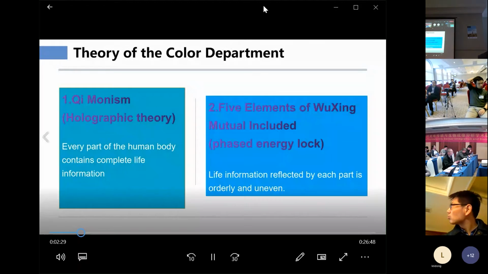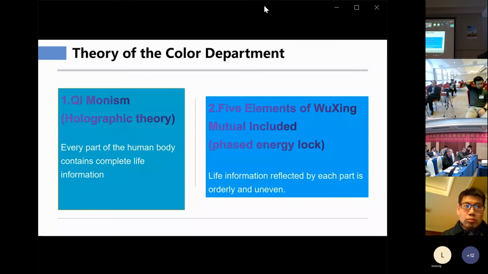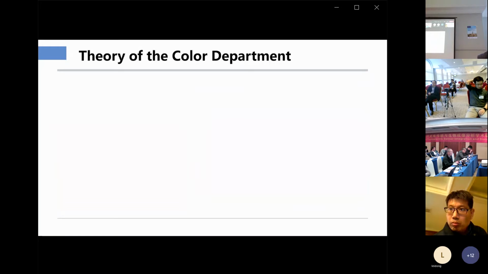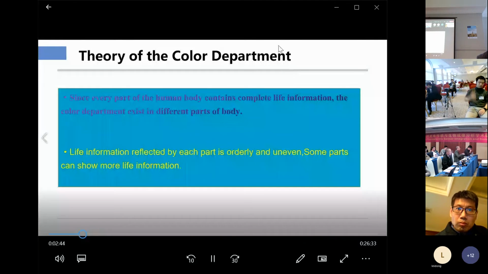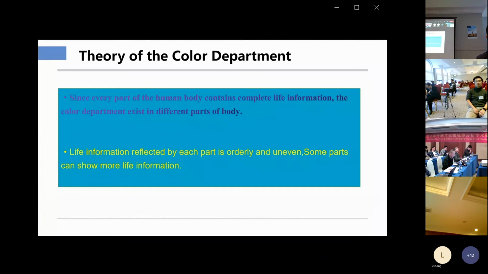For the five elements of Wuxing theory, life information reflected by each part is orderly and uneven. So some parts can show more life information than other parts.